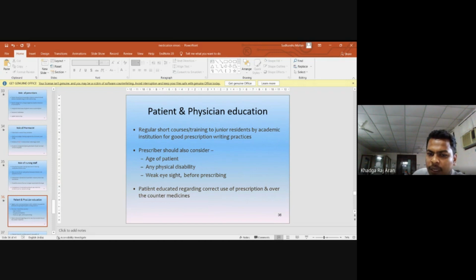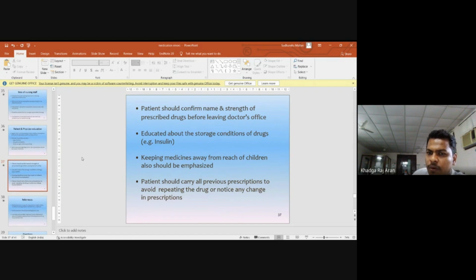Next is educating the patient regarding the correct use of prescription or over-the-counter medications. This type of education should be conducted. Patients should confirm the name and strength of prescribed drugs before leaving the doctor's office or the pharmacist's shop. We should also educate them about the storage conditions of drugs, like biological products, because as you know, biological products should be stored at a cold temperature, between 2 and 8 degrees Celsius.